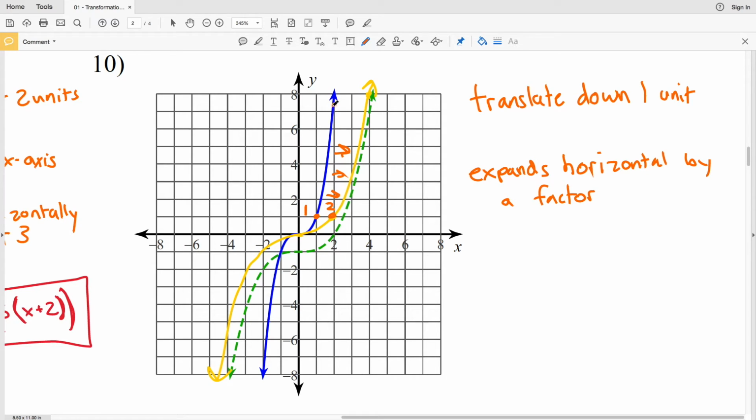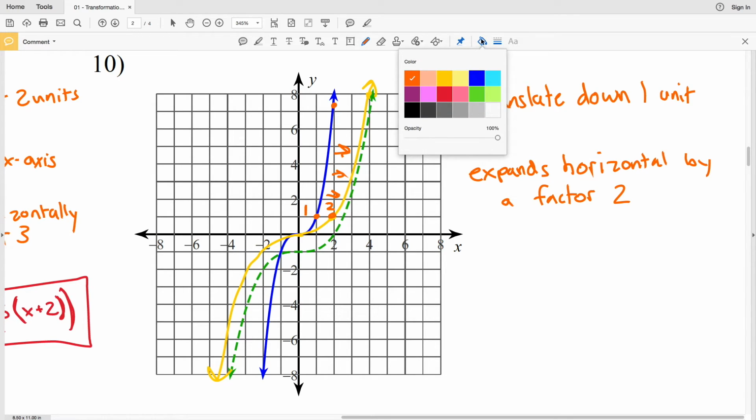And roughly when we're at 2 in the x direction, that expands to 4 in the x direction. So in order to get from 1 to 2, we're expanding by a factor of 2. Same with to get from 2 to 4, we're expanding by a factor of 2. So we're expanding horizontally by a factor of 2.